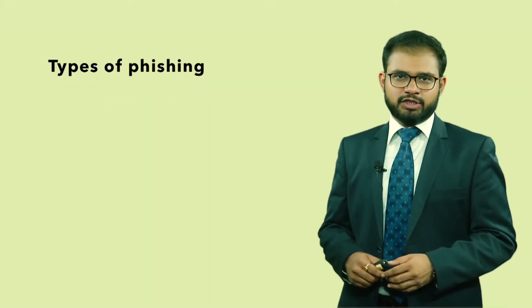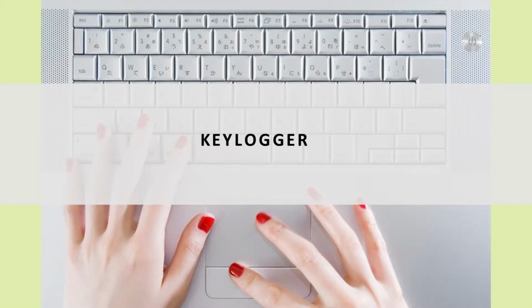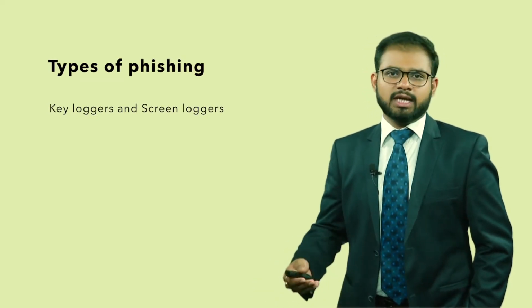The next form of phishing is keyloggers and screen loggers. Now, these are the form of phishing attacks which install helper programs onto your computer and which thereafter run as soon as a browser is opened or you conduct any activity on the browser, be it Google Chrome, Mozilla Firefox or Internet Explorer or any such other browsers.